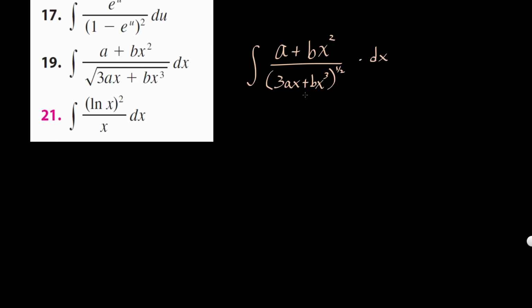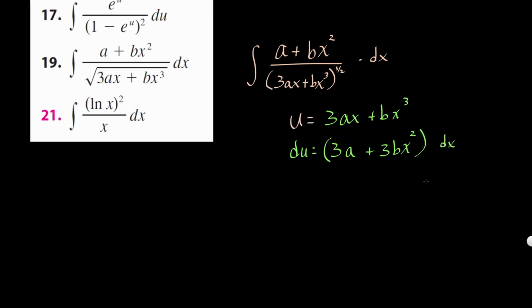Looks like we're going to let u be equal to that denominator, so u is 3ax plus bx cubed. Then du is going to be 3a plus 3bx squared, times dx. But there's no 3 here, so we need to factor 3 out.